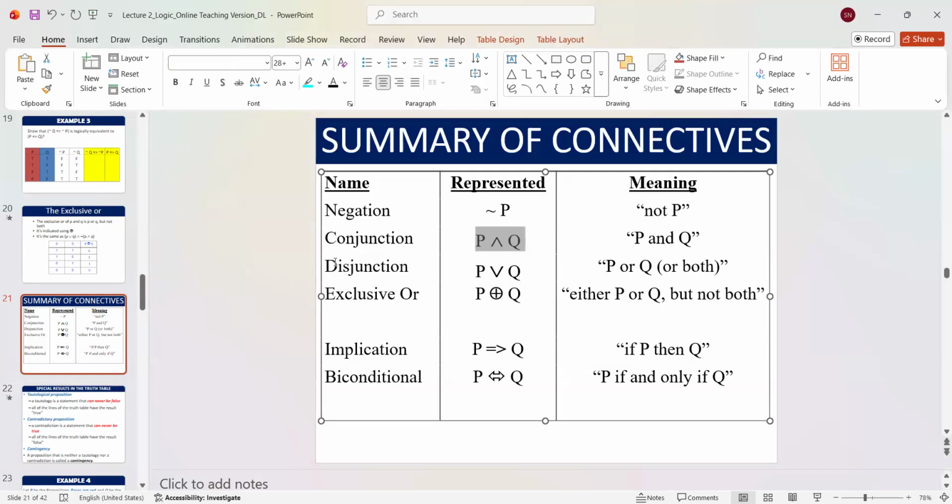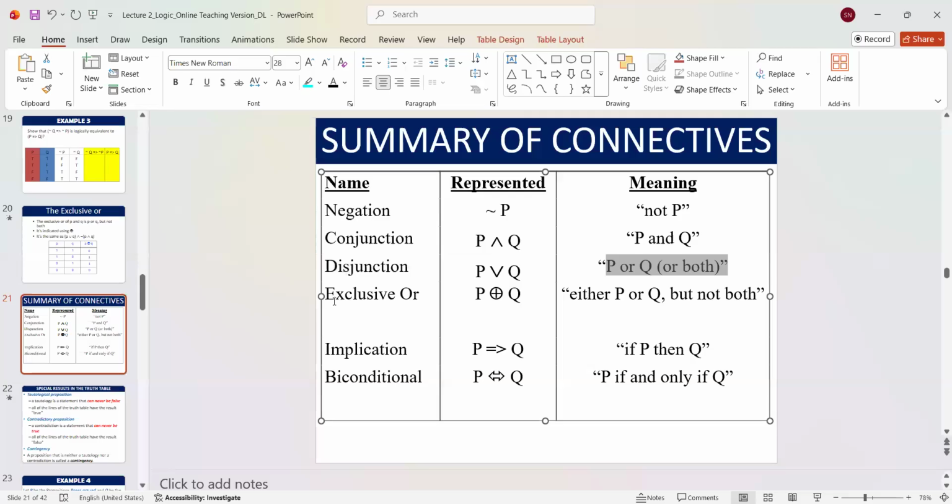Now, the connective or, which we call a disjunction, we said at least one of them must be true. At least means one or more. So the meaning is either P is true or Q is true or both of them are true. So that is for the connective or.